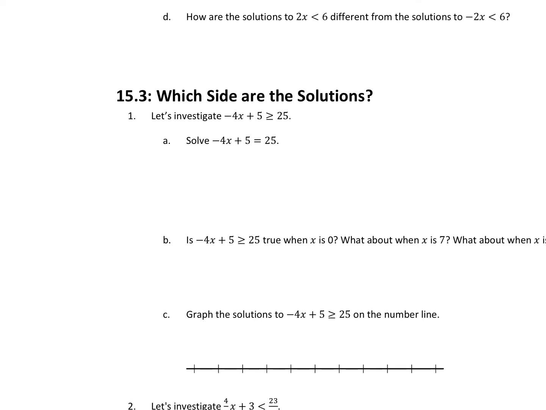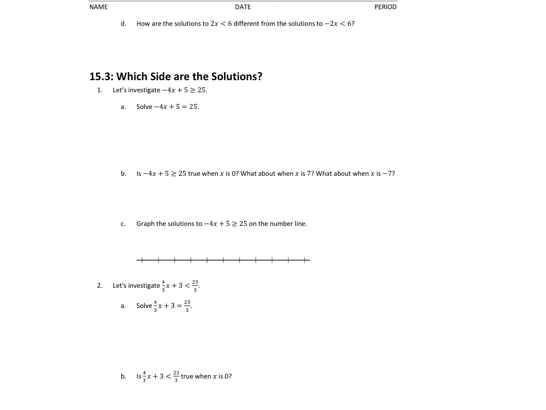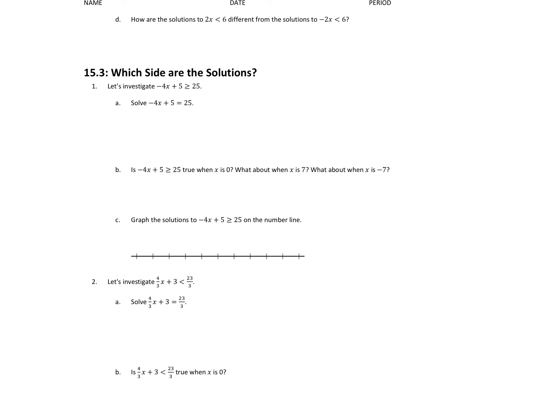So in this activity, we're continuing with this idea of solving inequalities. First, we're starting with negative 4x plus 5 is greater than or equal to 25. You're going to solve it like an equation, and then it asks you a couple of questions to determine which way you're going to be drawing your arrow for the solution set.